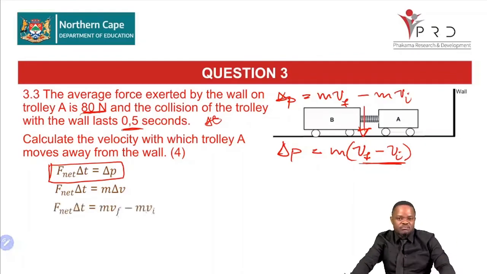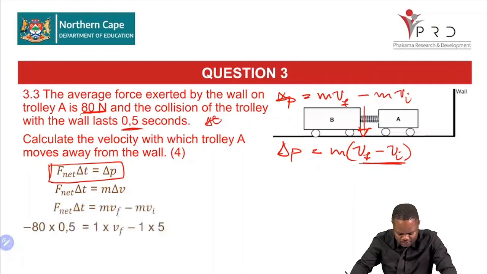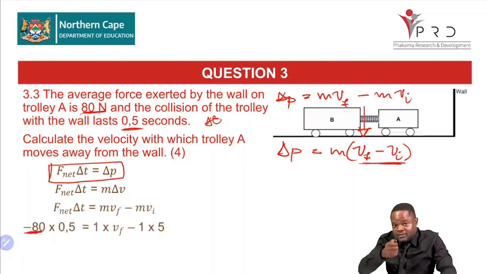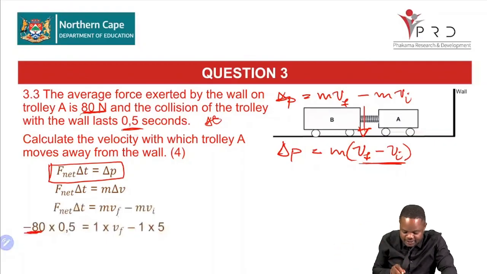We're still expanding the same formula so that you may understand where this is actually coming from. Right, so what is our F net? Remember, we said our F net is a negative what? It's a negative 80. That is the force from the wall. Okay? And then our delta T is 0.5 seconds given by the question there.